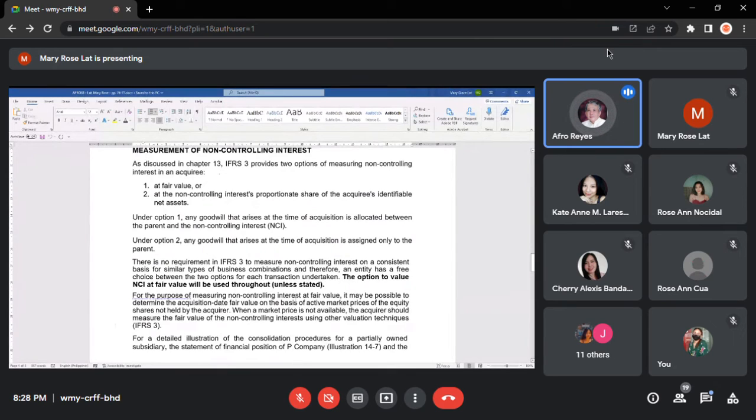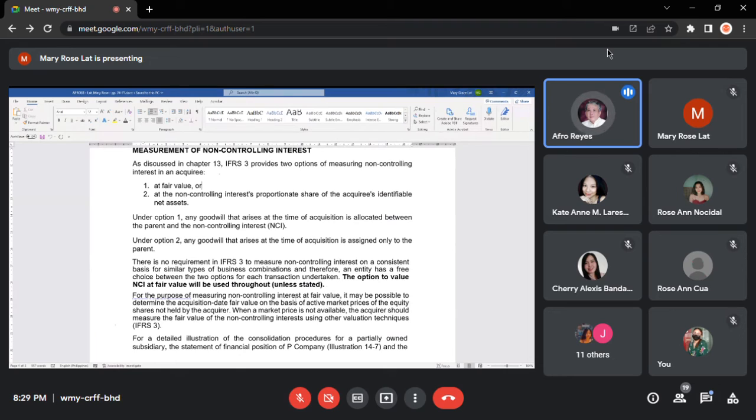Iba pala yung consolidation after the date of acquisition, kasi buhay pa yung parent at subsidiary, di ba? Nagre-report pa sila periodically. So again, pinag-usapan natin dito, date of acquisition. Ang kailangan lang dito ay yung statement of financial position ng both sides. Yun ang i-consolidate, no?